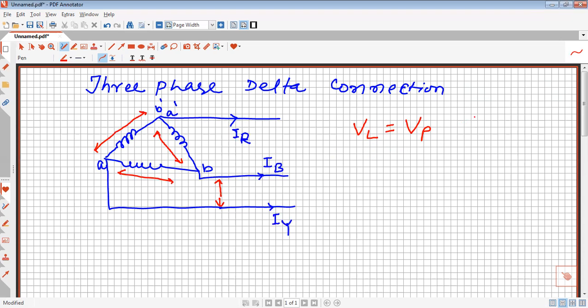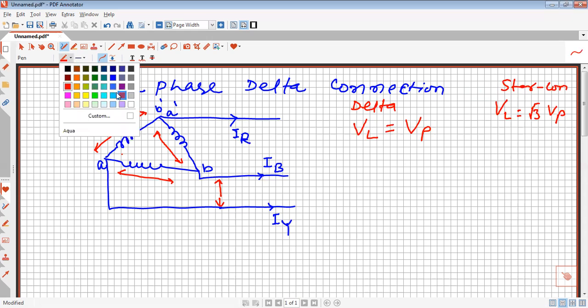But in a star connection, we have seen line voltage was root 3 times phase voltage. That was for a star connection. But for a delta connection, what do we get? For delta connection, line voltage is equal to phase voltage. Now for the line current, I'm taking a different color so that we can identify how current is flowing.